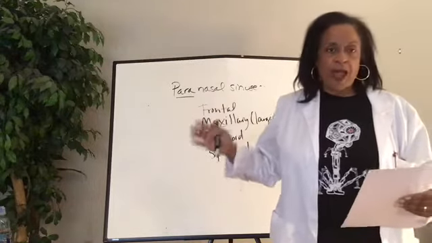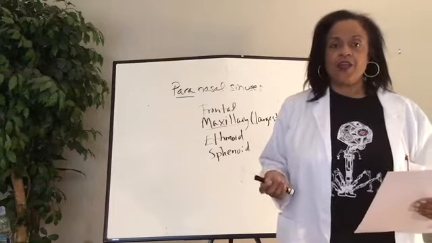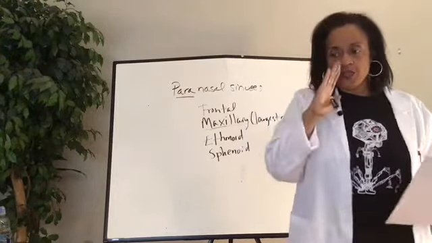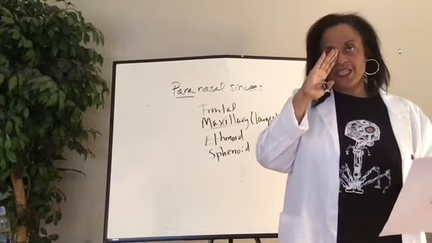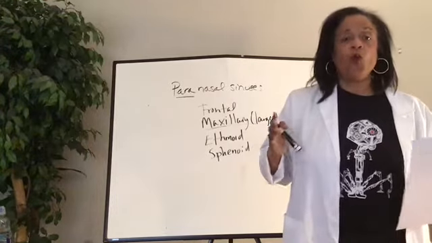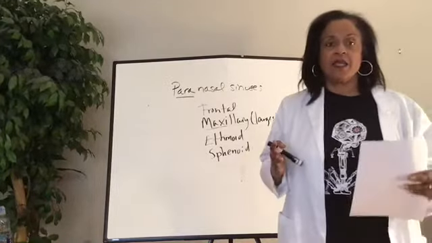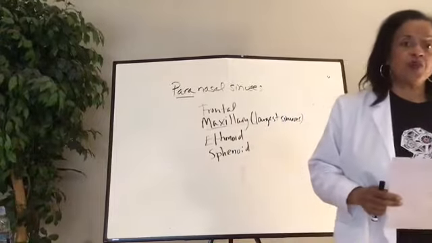This permits rapid warming and moistening of dry, inspired air. So right initially, as the air goes into the vestibule of the nose, over the inferior turbinate concha, that air is moistened and warmed because there's so much blood there and copious amounts of mucus, with a rich blood supply.